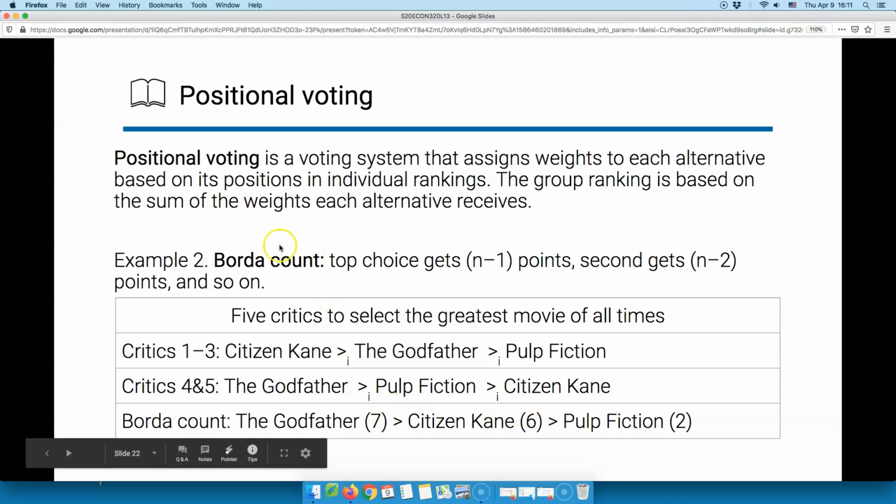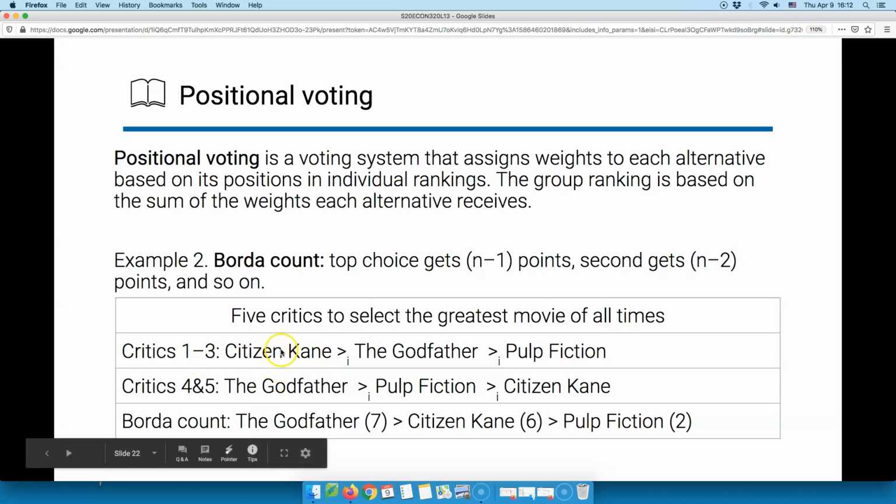But the problem with this kind of voting system is that the outcome of this decision-making process does not agree with the outcome of, say, majority voting. Because if we did majority voting, well, Citizen Kane would beat Godfather 3 to 2.